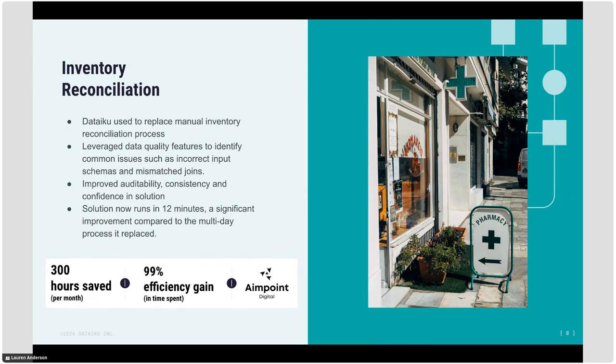In total, Aimpoint's partnership with Dataiku helped this client save around 300 hours per month of FTE just by applying some very simple automation and data quality capabilities to a previously manual process.